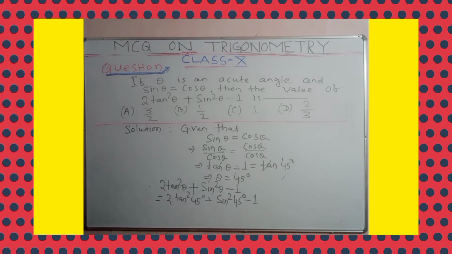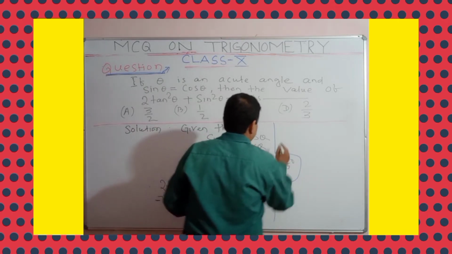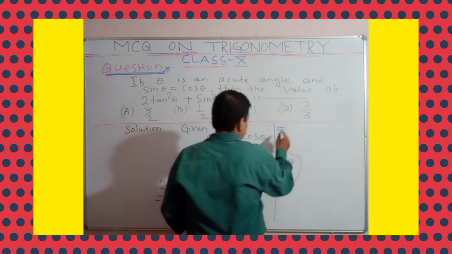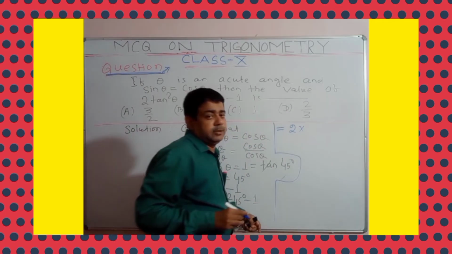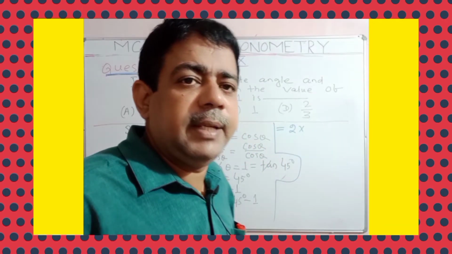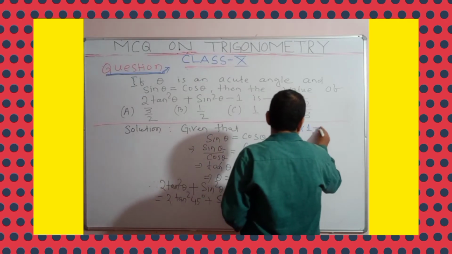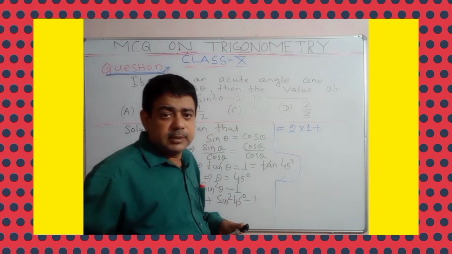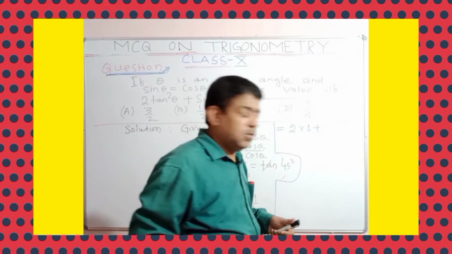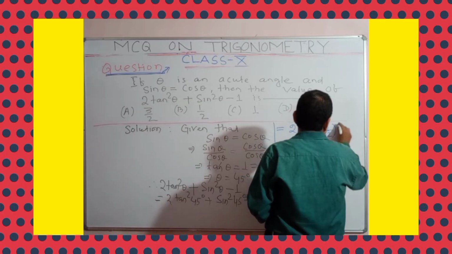Then that is equal to 2 into tan square 45 degree. All of you know tan 45 degree is 1, so tan square 45 degree is also 1. Plus sin square 45 degree. What is sin 45 degree? It is 1 upon root 2. So 1 upon root 2 whole square, minus 1.